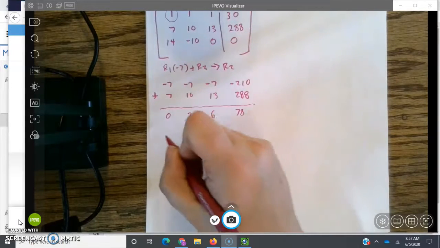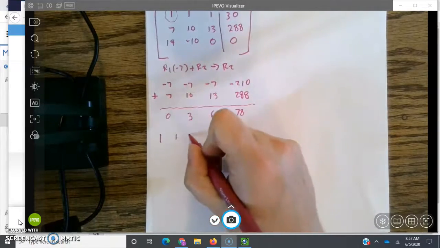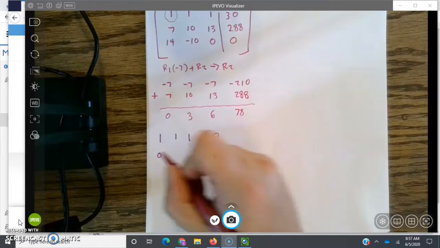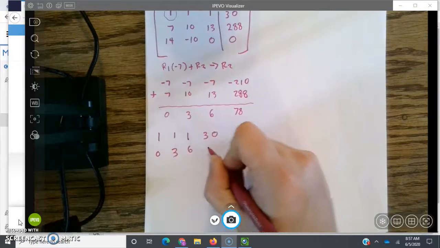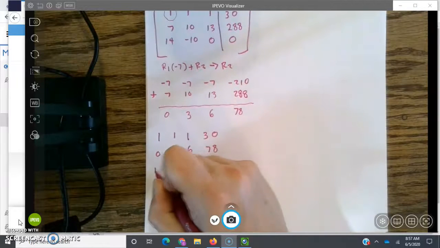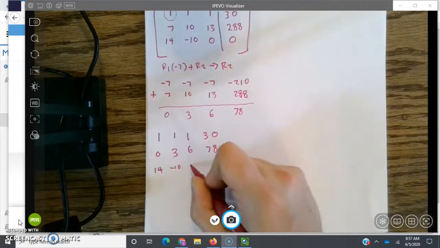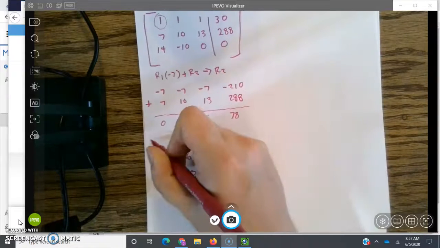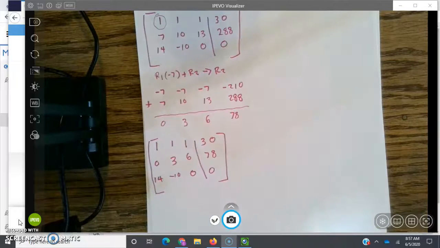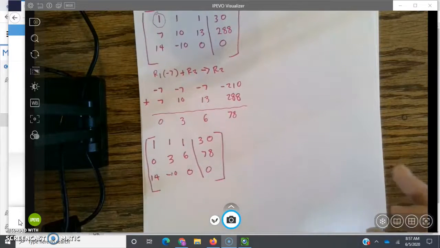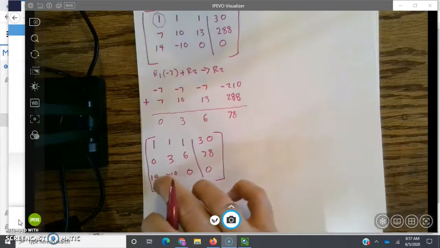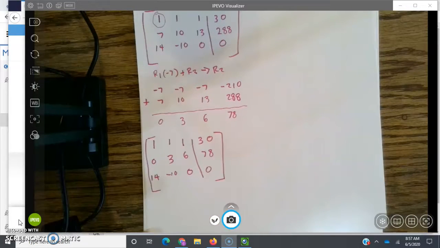So I'm going to write my whole matrix out again. Okay, so now we have our matrix written out. What I want is a 0 here for the 14.